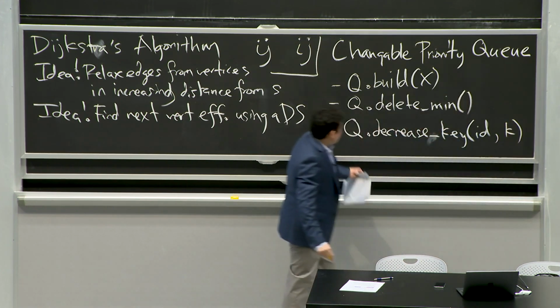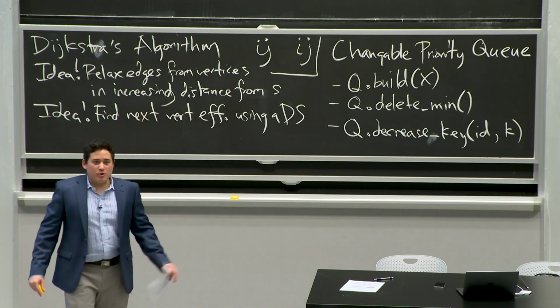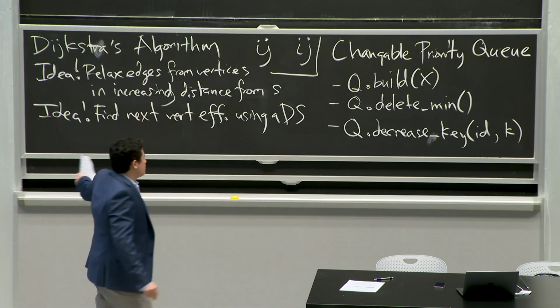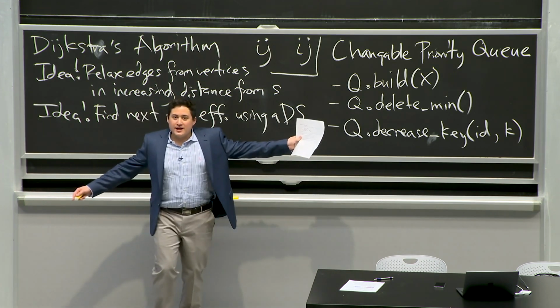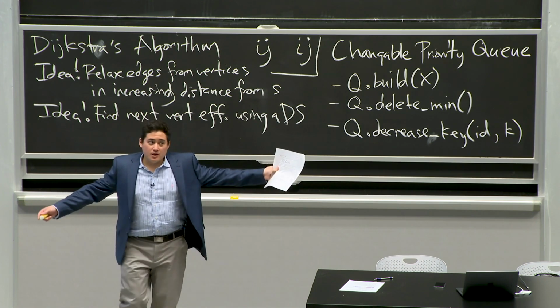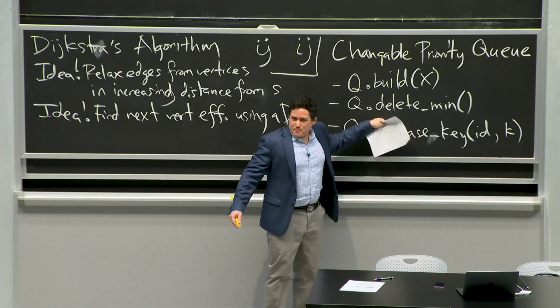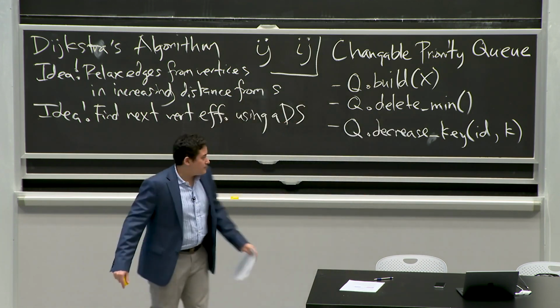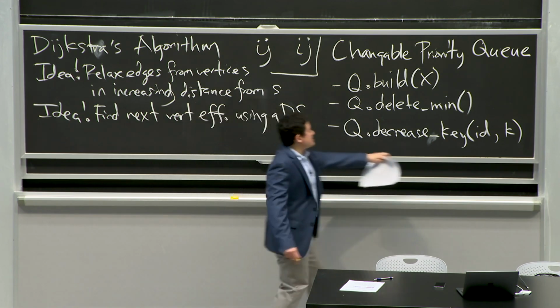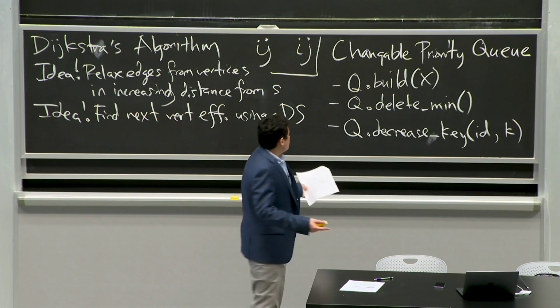Okay, so this is a little strange. What the heck is this ID? All right, with the changeable priority queue, each of our items has 2 values instead of 1 value. It has a key, on which the priority queue is deleting the min item with the minimum key, but each item also has an ID associated with it, a unique integer, okay?